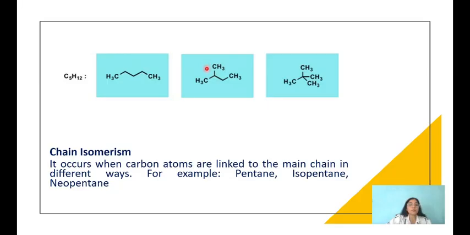However, because of this attachment of CH3 on the second carbon, the compound is different, which is known as 2-methylbutane or isopentane. If one more CH3 group is attached to the second carbon, then it is termed neopentane. These three compounds are different but have the same molecular formula, which is termed chain isomerism.